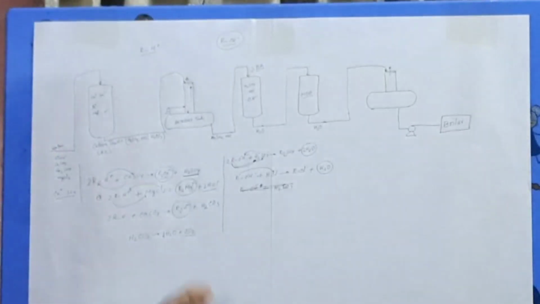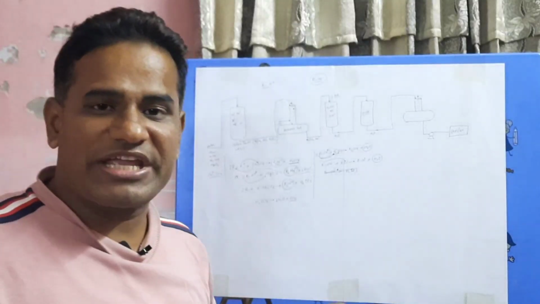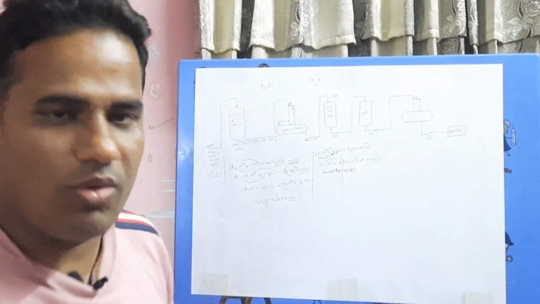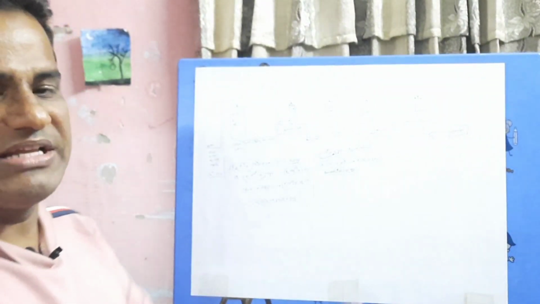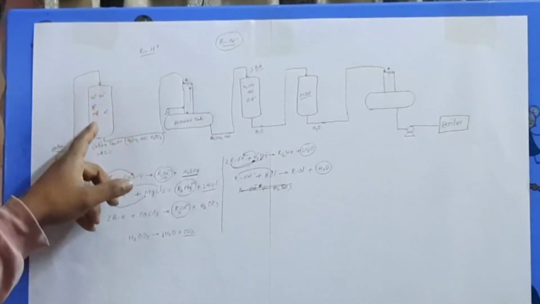We are running the turbine, and we are also using this steam for heating purposes. So viewers, today in this video I have explained how we get demineralized water from hard water. In the next video, I will explain what happens when hardness passes.